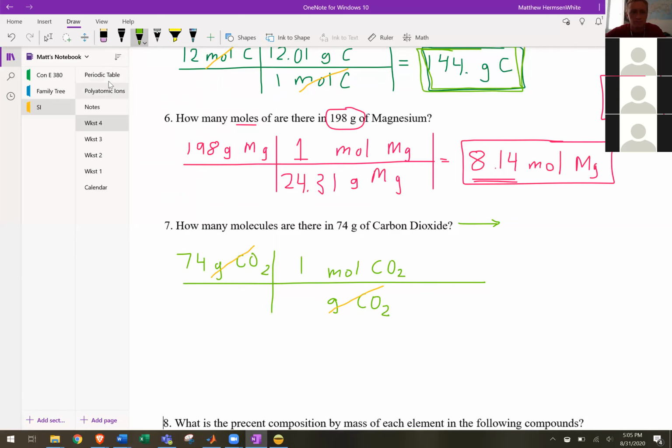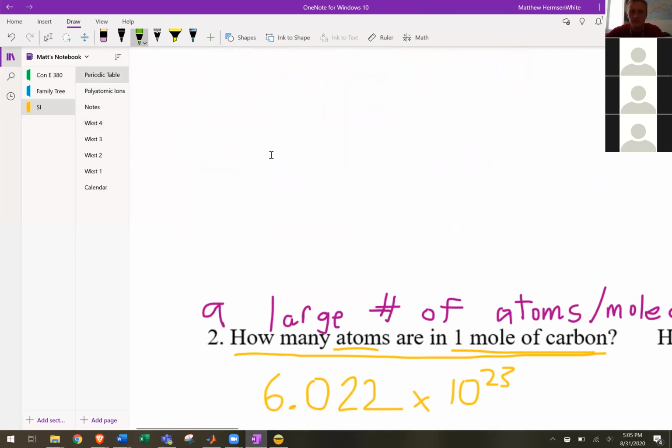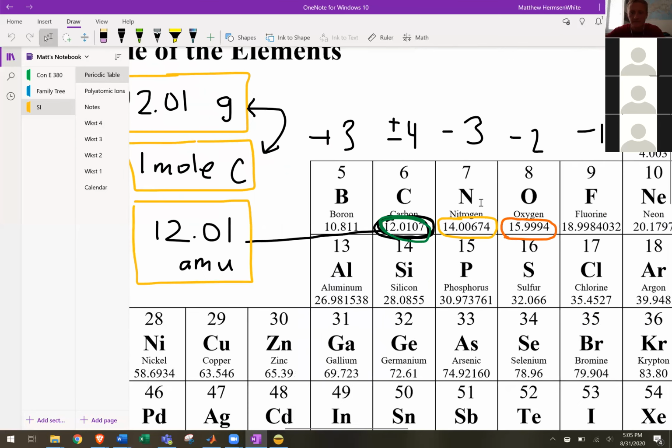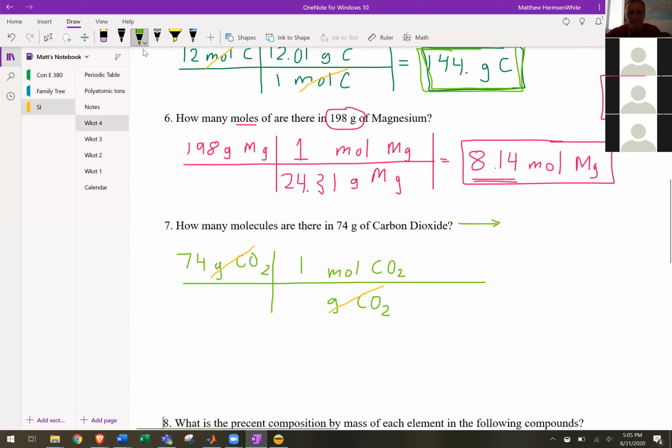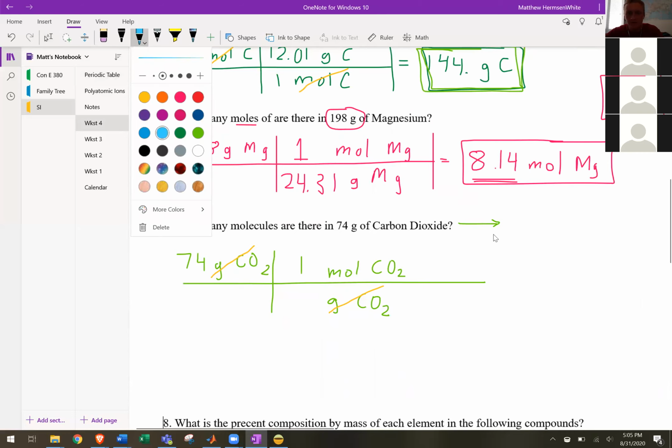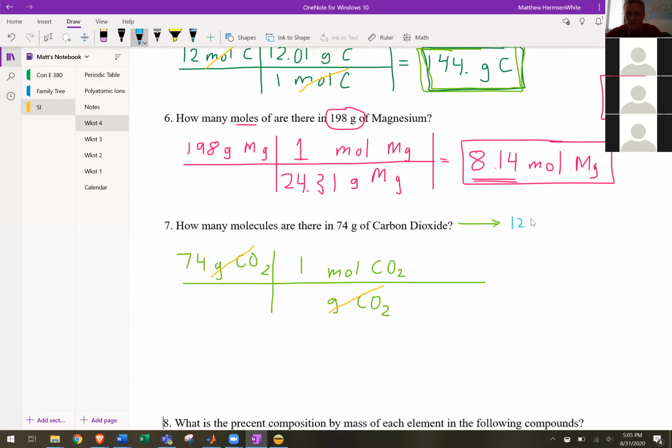So we have carbon, which is 12.01, and oxygen, which is 16. So just like we did the molar mass above, we're going to add up the molar mass for this one, which would be 12.01 plus 16, which is for oxygen, times 2.